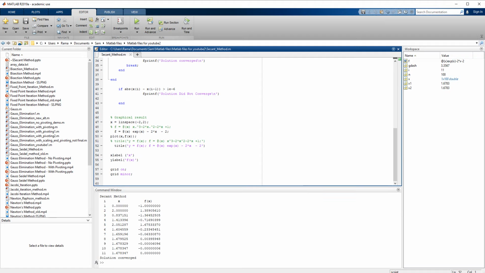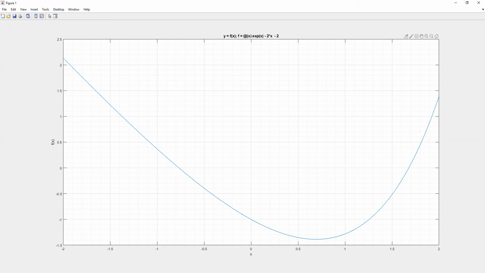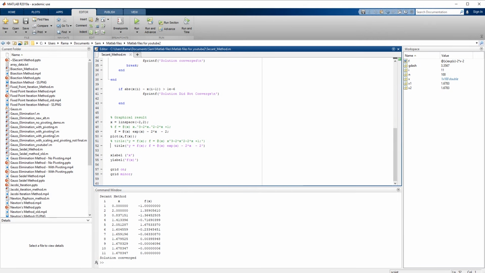This time it took about 11 iterations to solve this problem, and the final solution came out as 1.678347, and at this value of x, f of x is almost 0. We can look at it graphically. Again there are a couple of roots here. The one root we were able to solve is over here, 1.6768, and that's what we got numerically.